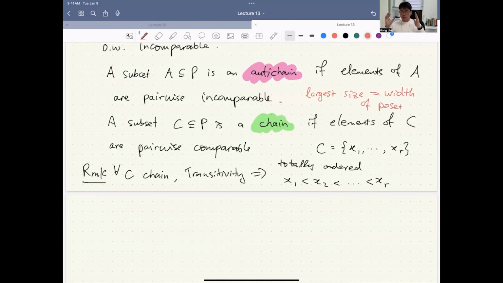The largest anti-chain is the width, and the largest chain is the height of the poset. This is the standard definition.